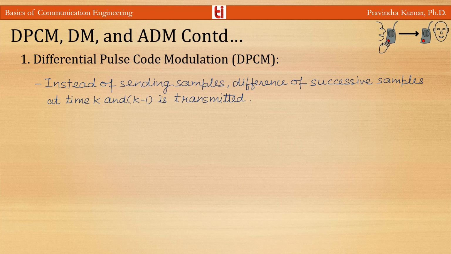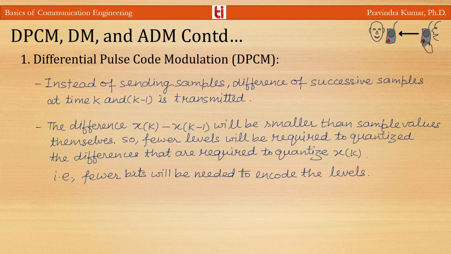In DPCM, instead of sending samples, the difference of two successive samples at k and k-1 is transmitted. If such changes are transmitted, then simply by adding up these changes, we can generate at the receiver a waveform identical to the signal x(t).